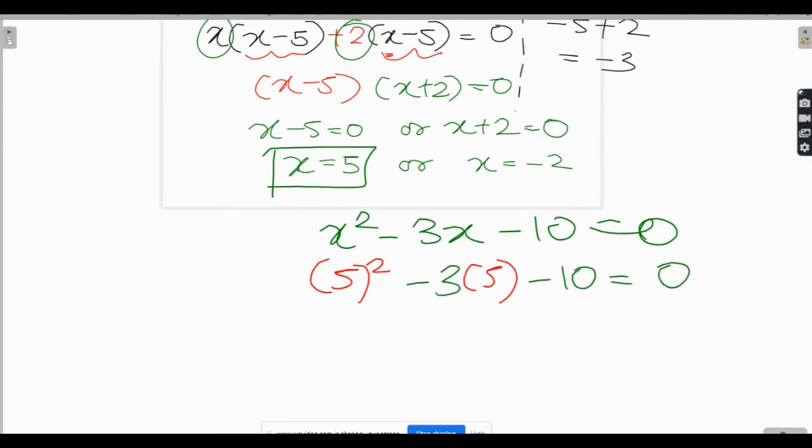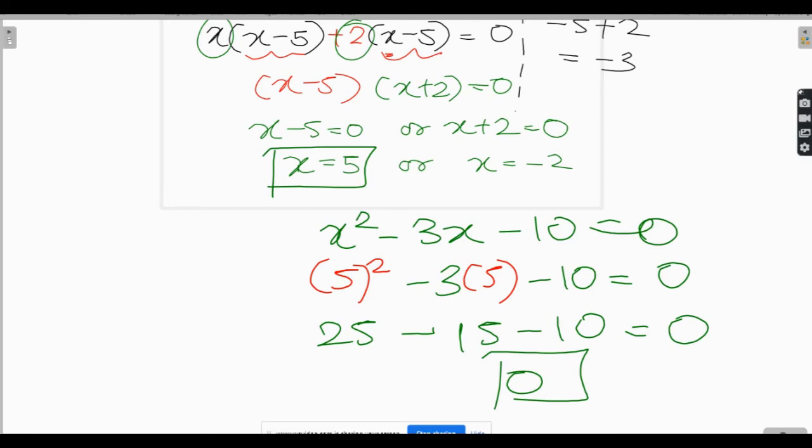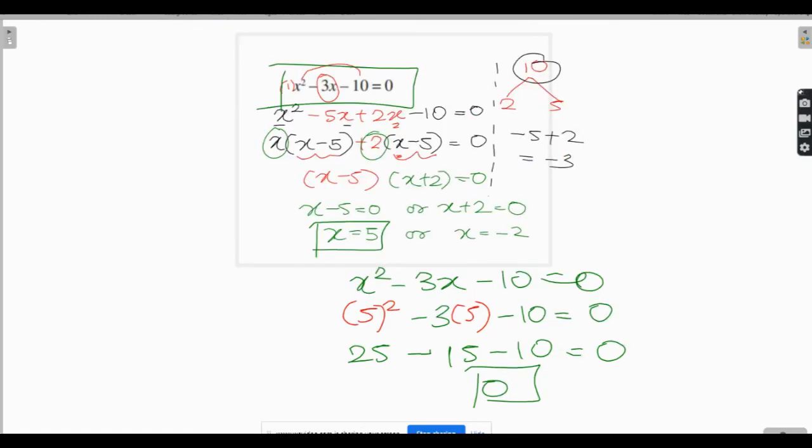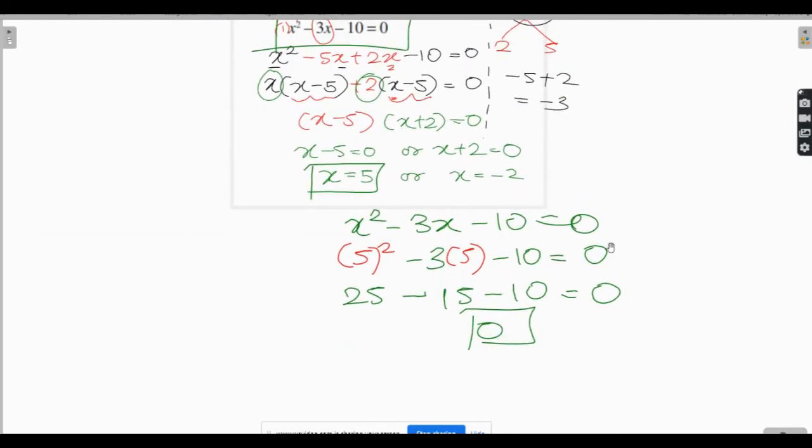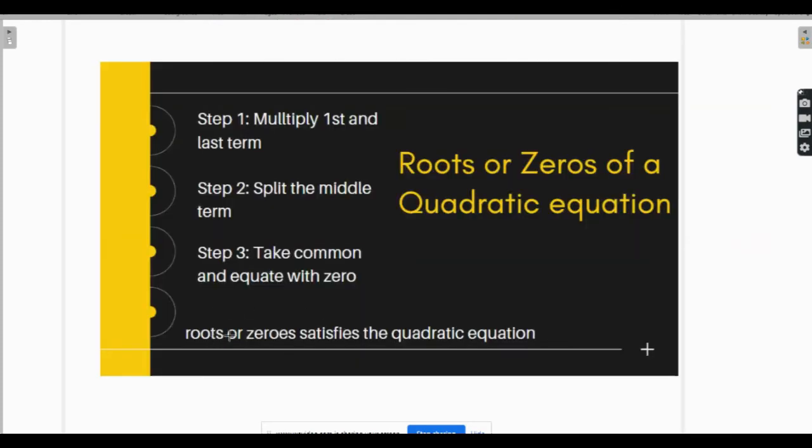Let's see if it turns out to be 0. 5 square is 25, minus 3 fives are 15, minus 10 is equal to 0. 25 minus 15 is 10, 10 minus 10 is 0. So the roots satisfy the quadratic equation, satisfy as in you are getting 0 as your answer. So what was the statement? Zeros or roots satisfy the quadratic equation.